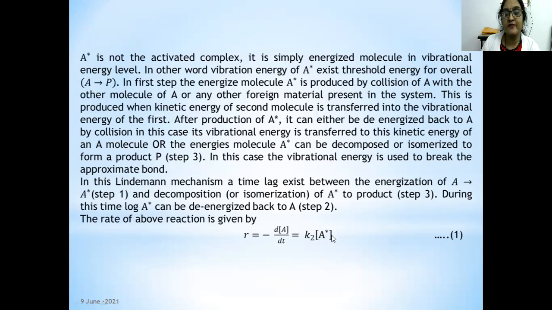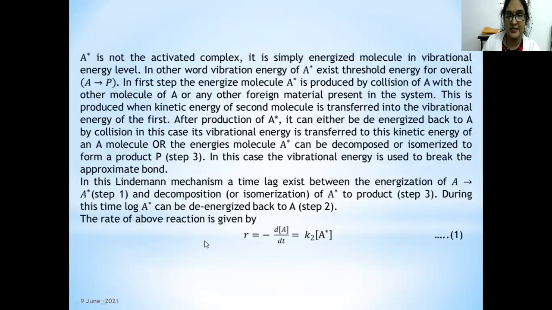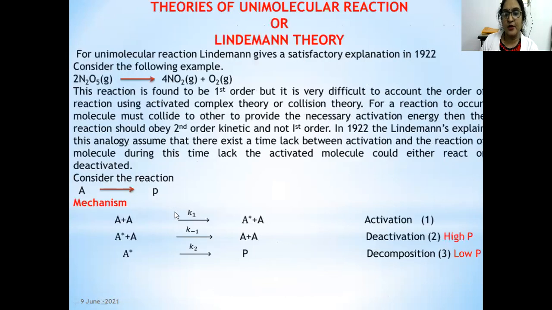Now, how can we find out the concentration of A star? We take the rate of its formation equal to the rate of its decomposition. So we take all the terms where it is formed on one side and where it decomposes on the other side. Looking at step 1, step 2 and step 3, in step 1 A star is formed, so this is the step for the formation.